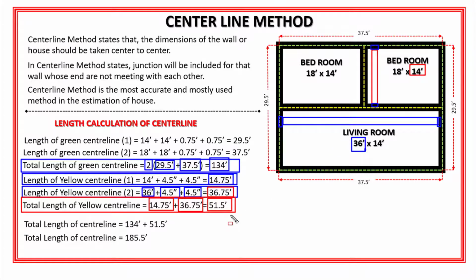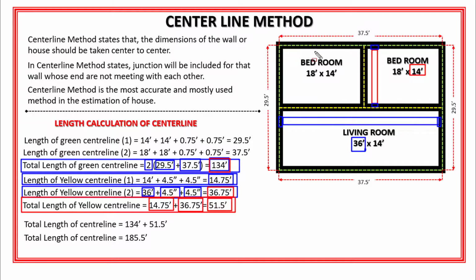Now I have found out the length of both green center line and yellow center line. Okay, and now I want to finally calculate the total length of the center line for this house. Okay, because remember, these two center lines are basically two parts of the main center line.